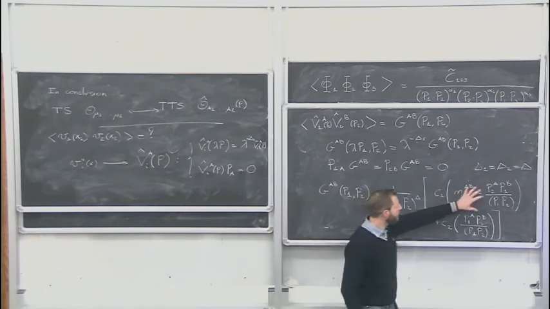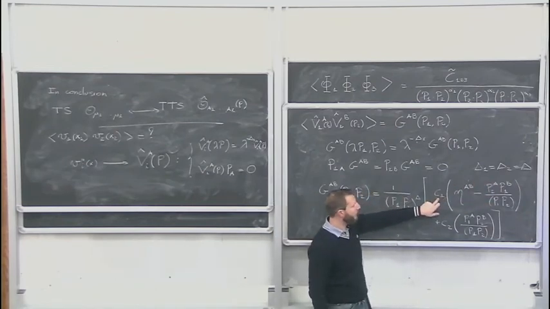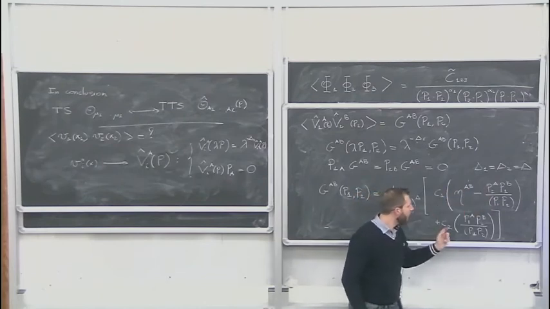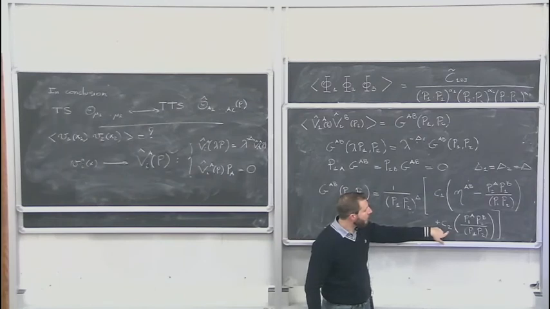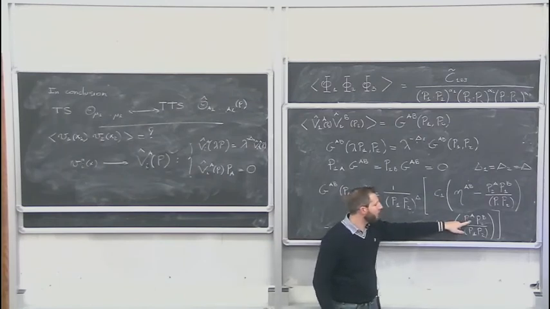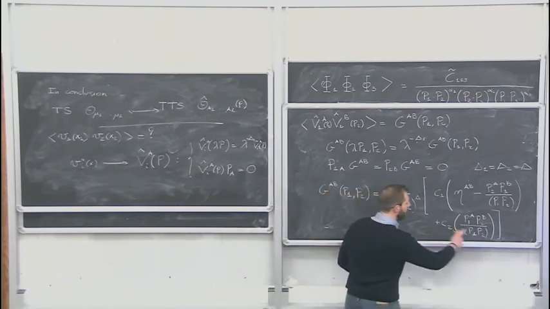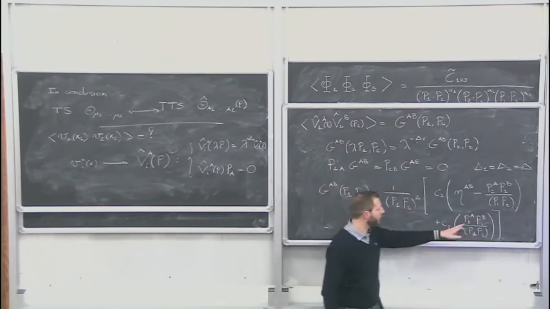You can recognize that the term multiplied by c1 is transverse. The second term is also transverse, because p1 squared is equal to 0 and p2 squared is equal to 0, but it is sort of longitudinal.